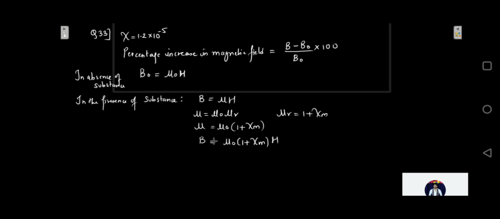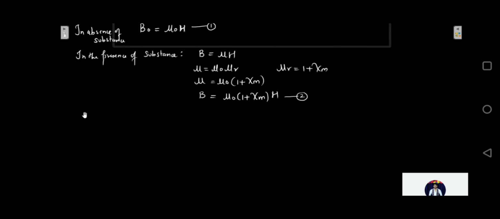So what I will do is, I'll substitute this 1 and 2 in this equation star. So percentage increase in magnetic field will be (B minus B naught) upon B naught.